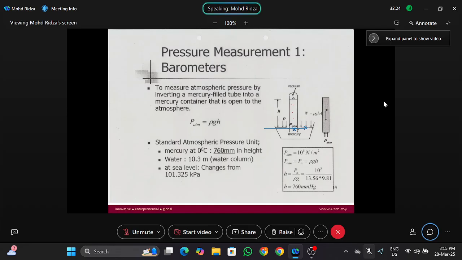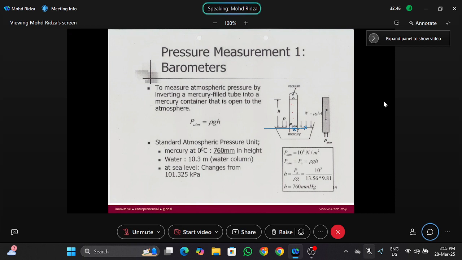Why? Because it is the same elevation and it's connected by the same fluid, mercury. So it's the same pressure.